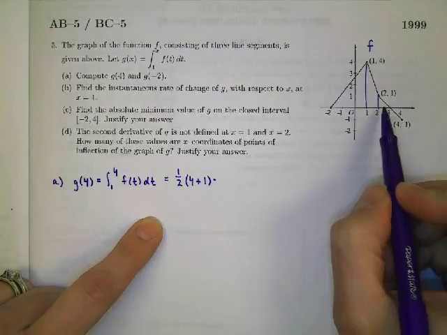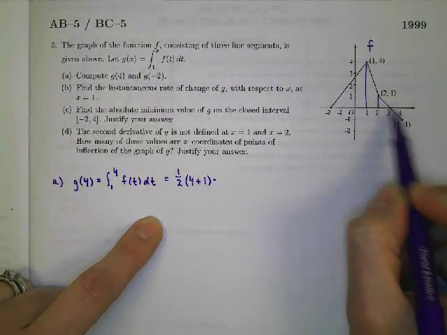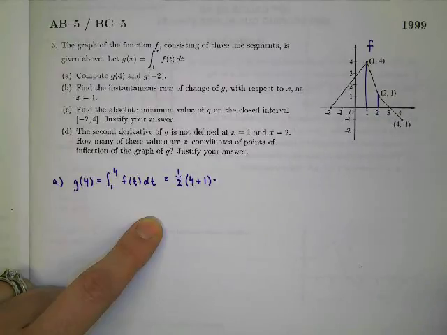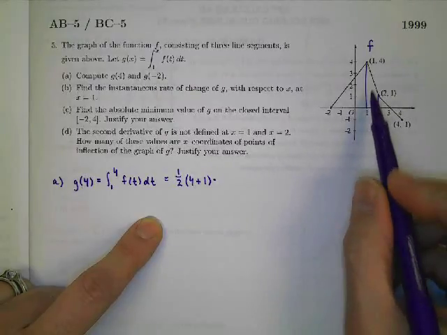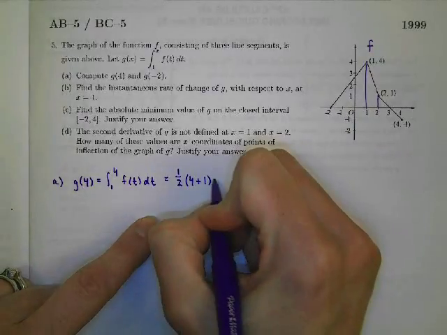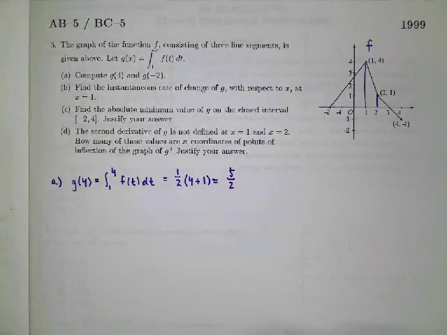Now, I could add this area and then subtract this area, but what I know is those are congruent triangles, so their areas are going to cancel each other out. So really the area between the x-axis and my curve is just this portion here. So if I simplify that, that's just going to be 5/2. So that's the value of g of 4.